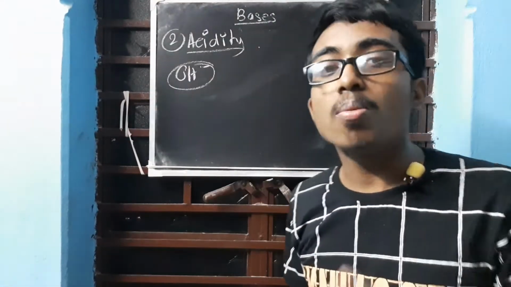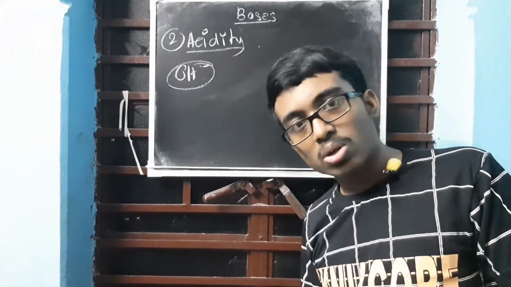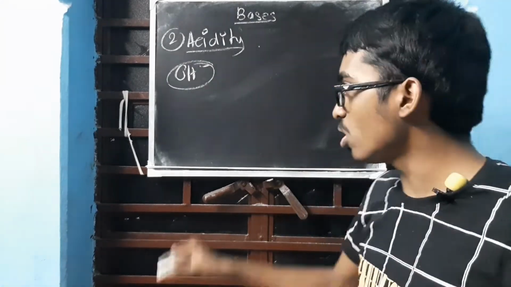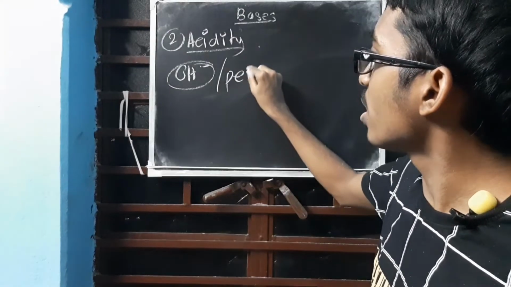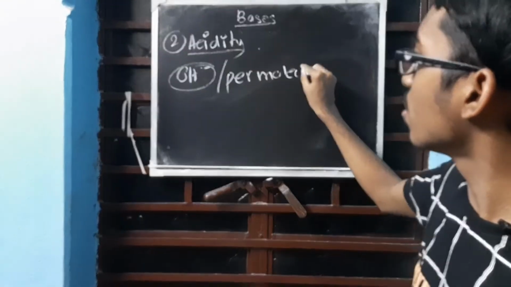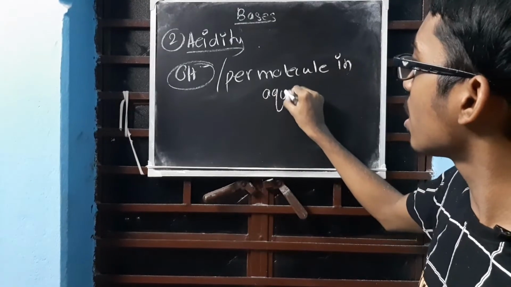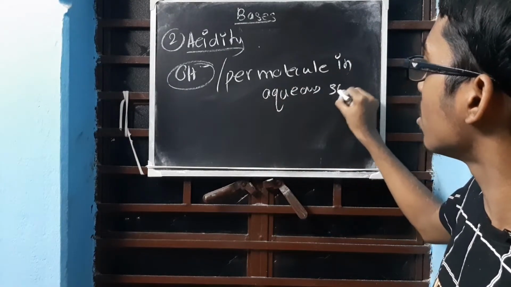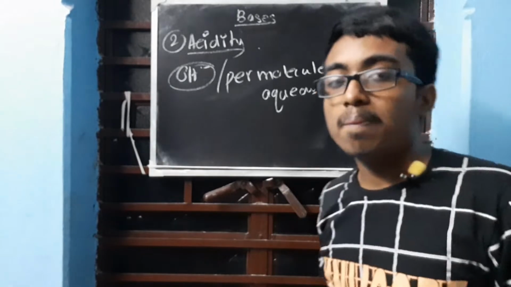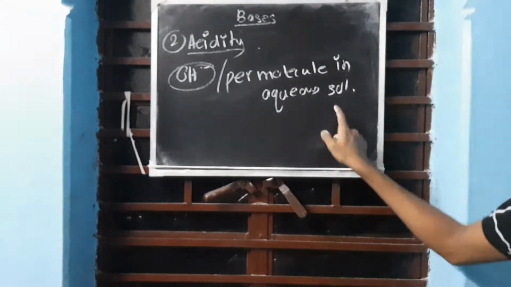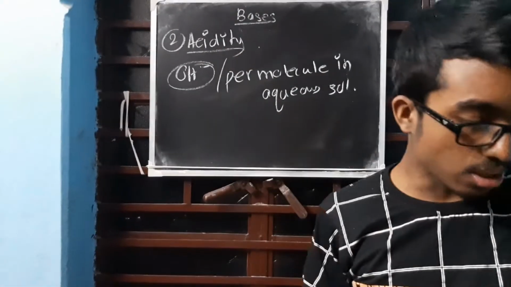It is compulsory that it has to be an aqueous solution, right? So the number of OH- ions per molecule in aqueous solution is said to be the acidity of a base.